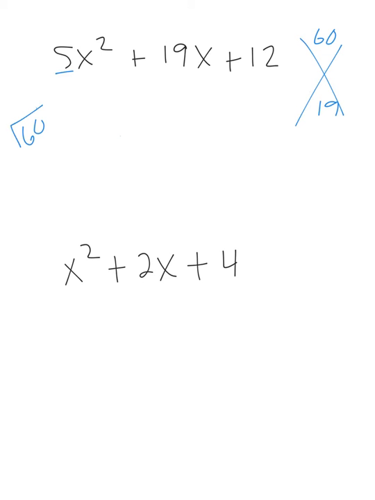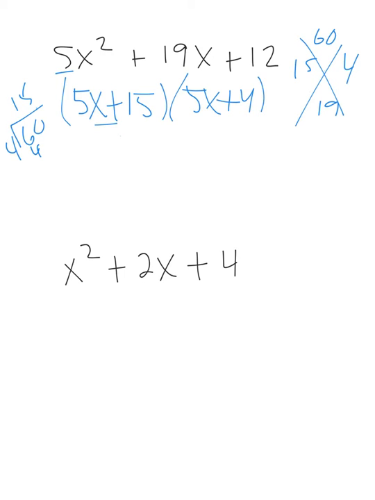Let's see, 60 divided by 4. Oh yeah, 15 and 4. 5x plus 15. 5x plus 4. Divide by 5. X plus 1. 5x plus 4.